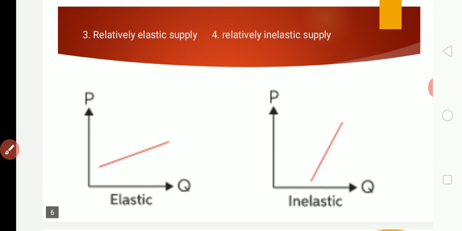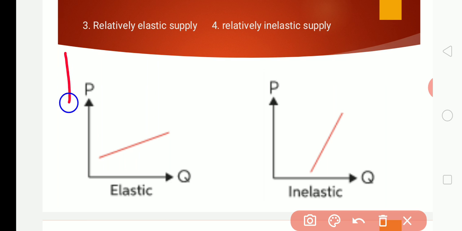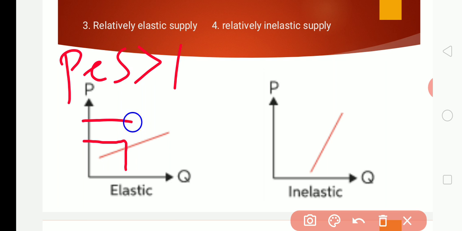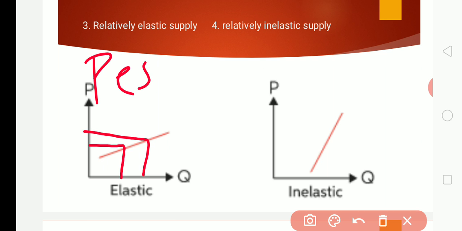Next one is relatively elastic supply. Here the degree of elasticity is greater than 1, that means PES is greater than 1. Why do we call it greater than 1? In this case a small change in price brings a greater change in quantity supplied.